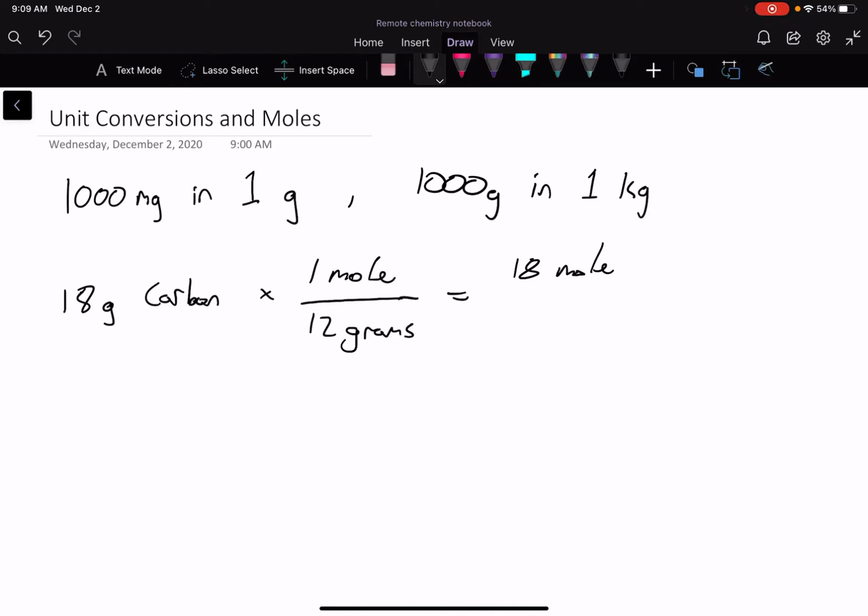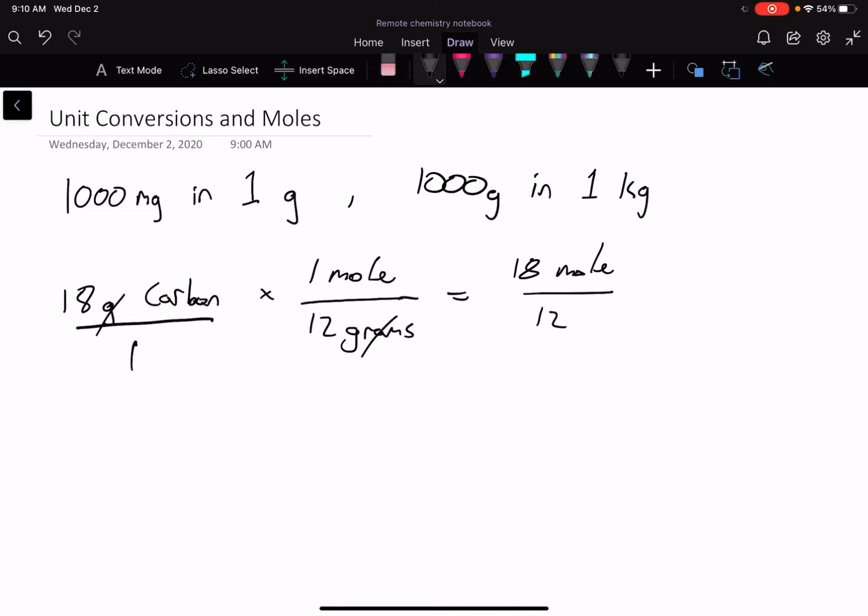So you'll notice that the grams will cancel out. So when you have the same unit in a numerator, so we can say this is over 1, when you have the same unit in a numerator and a denominator, those units cancel out. And so the only units we have left are moles, and we're going to divide this by 12, because when you multiply fractions, you just multiply straight across.